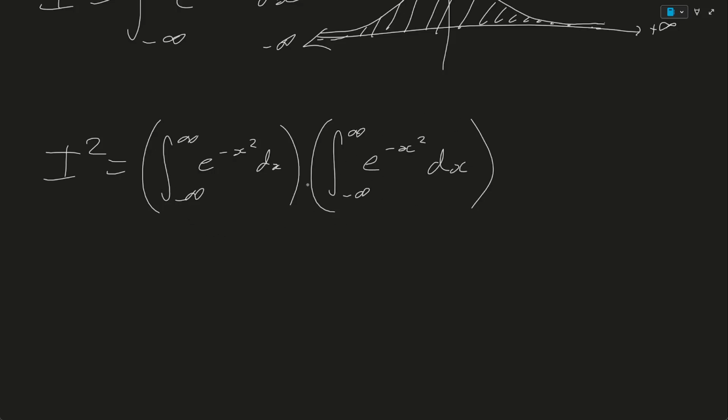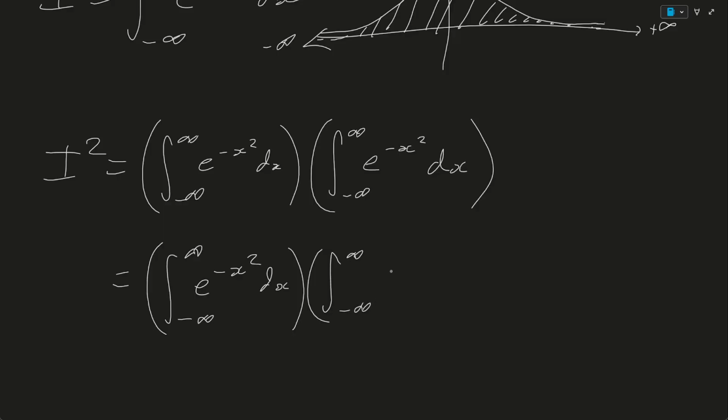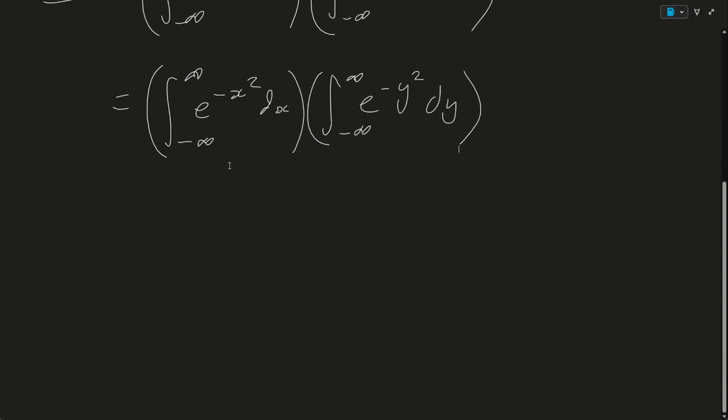We can just swap this out for a dummy variable because that's allowed. So then this is going to be the integral of e to the minus x squared dx times the integral from minus infinity to infinity of e to the minus y squared dy. Now, keen viewers, if you've watched my channel, are probably aware of how to do this already.